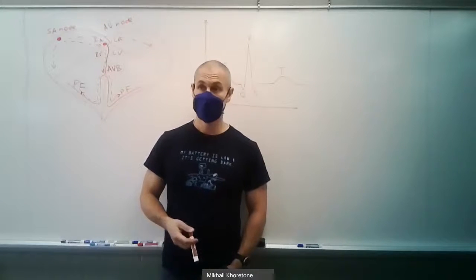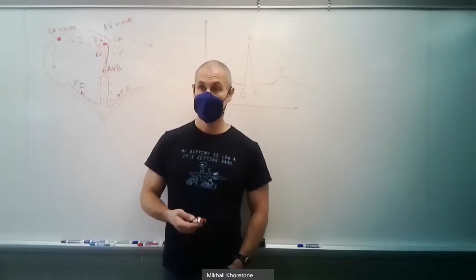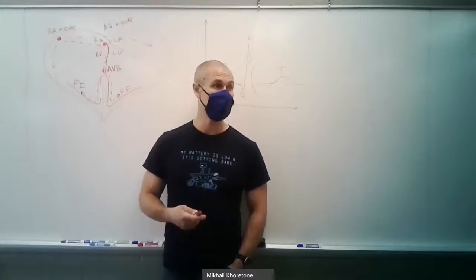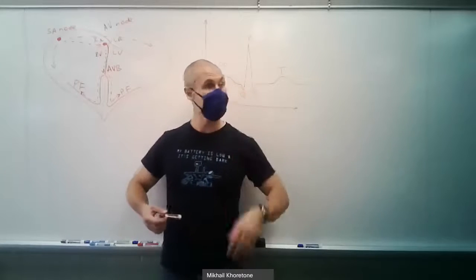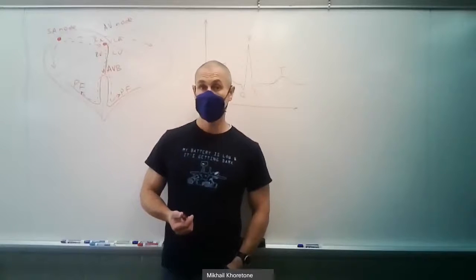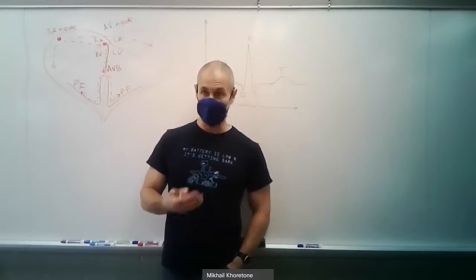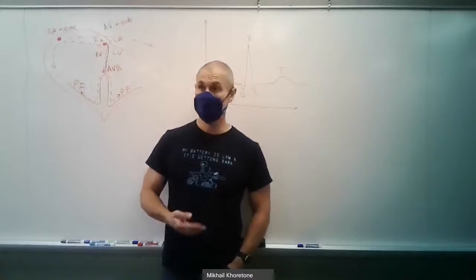Right? Now, you probably heard the terms tachycardia and bradycardia. Tachycardia is a high heart rate, bradycardia is a low heart rate. So tachycardia would be around 100 and above, and bradycardia would be 40 and below. Are those numbers bad intrinsically? No. They just show how fast.